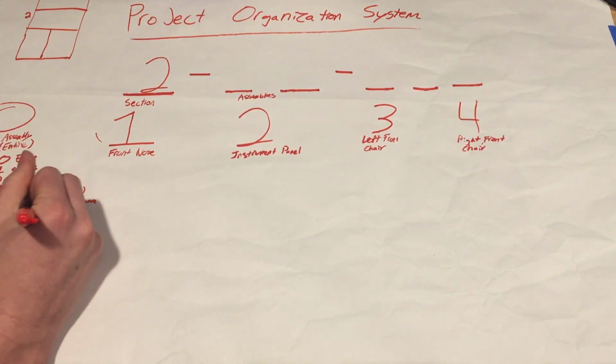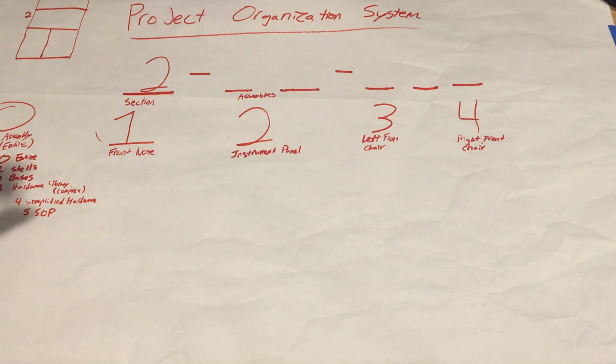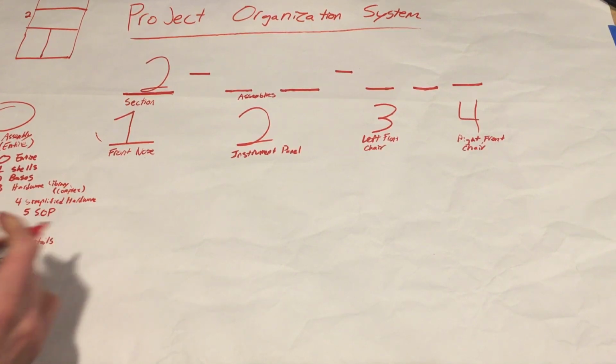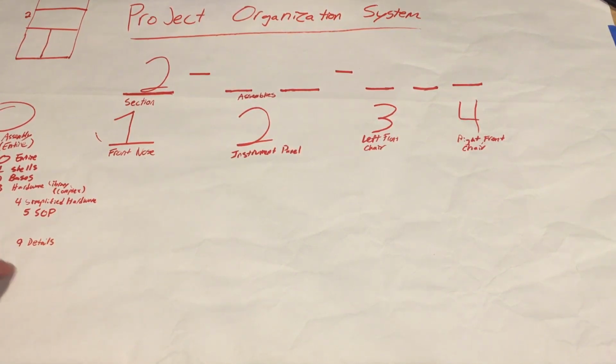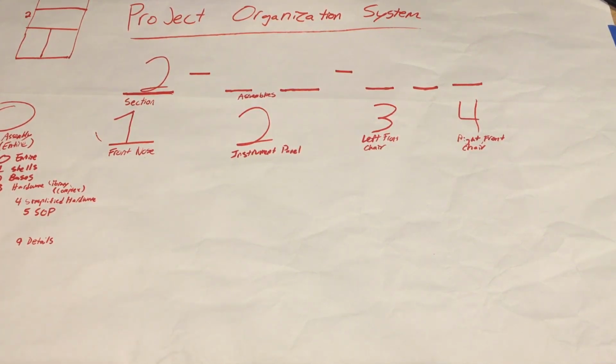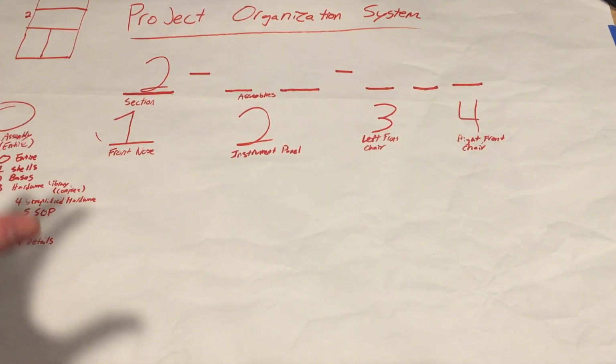There's also 5 for the SOP, the standard operating procedures, my written manual. It's just kind of helpful. Right now, section 9 is for details, paint colors, product links perhaps, but I'm thinking of putting details as 1 and having 0 for assemblies and 1 for details.